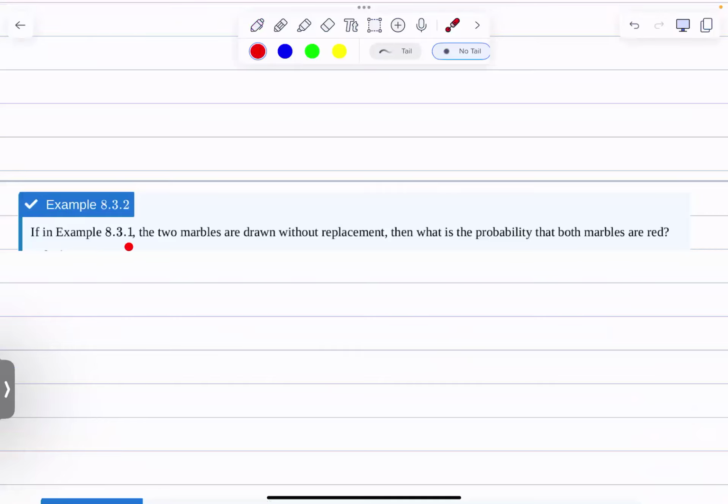If we have the same example and the two marbles are drawn without replacement, so that changes some things, right? Without replacement, then what's the probability that both marbles are red? So it's the same question, it's just without replacement instead of with replacement.